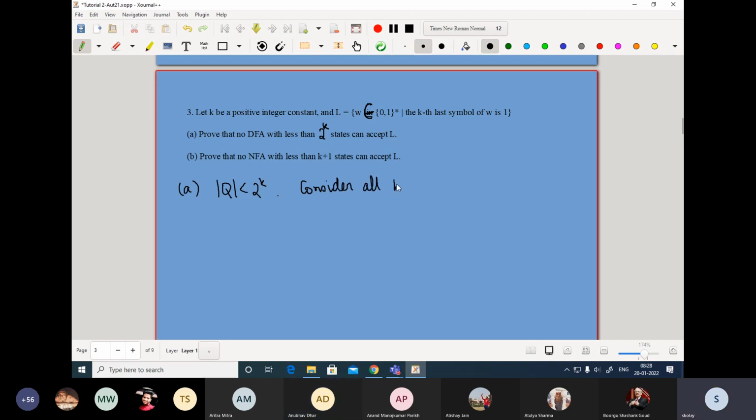Consider all k-length strings in {0,1}*. Ma'am, so there will be two distinct such strings which will get mapped to the same state.